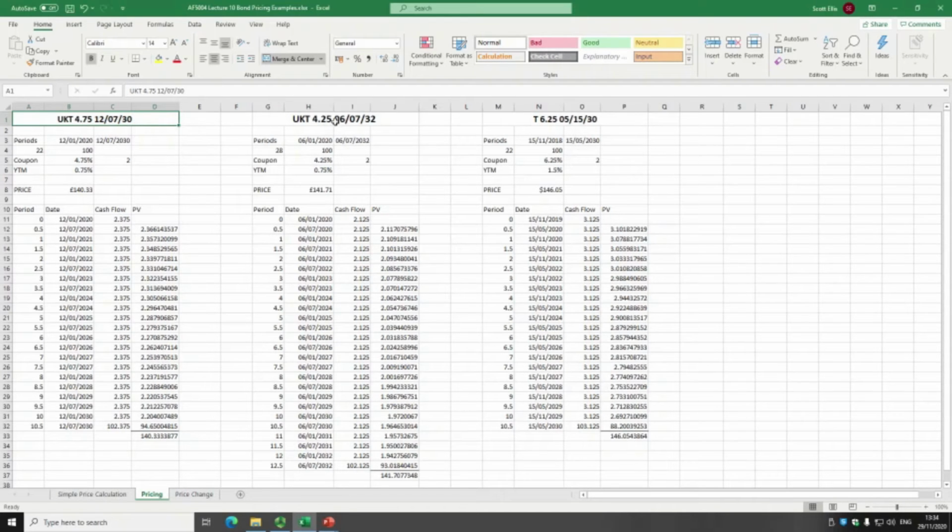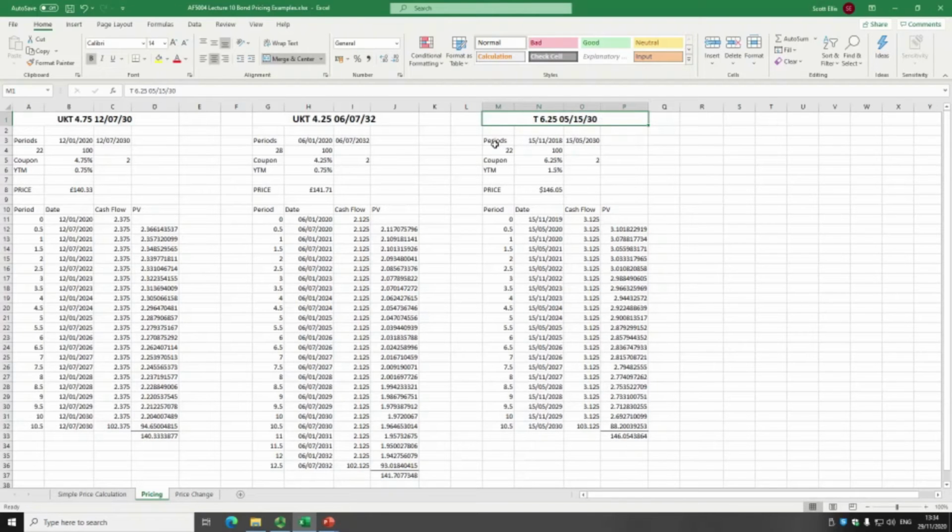We have a similar bond here, again from the UK government, with a coupon of 4.25, also ending a little 2 years later. And this one where it just says T, that symbolises the US Treasury. And again, this ends in 2030.